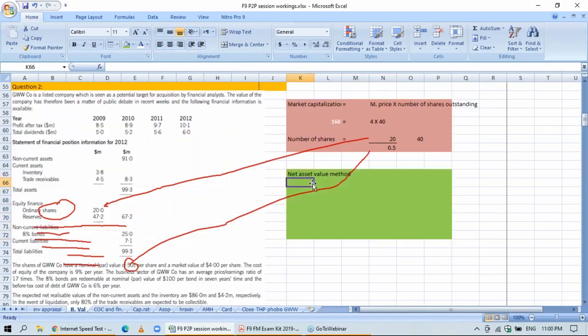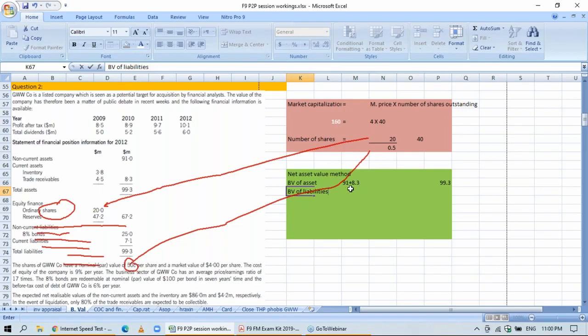So let's calculate the net asset value. First we will take the assets, the book value of the assets. So according to the question, the book value of the assets are 91 plus 8.3. This gives you 99.3, and then the book value of liabilities.